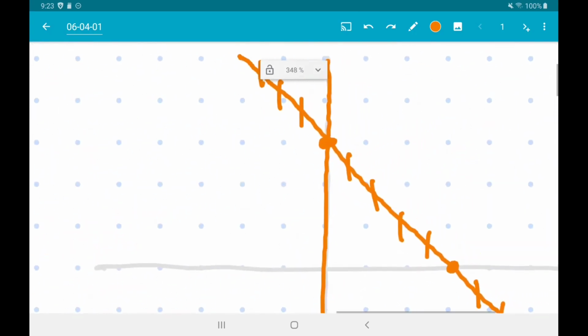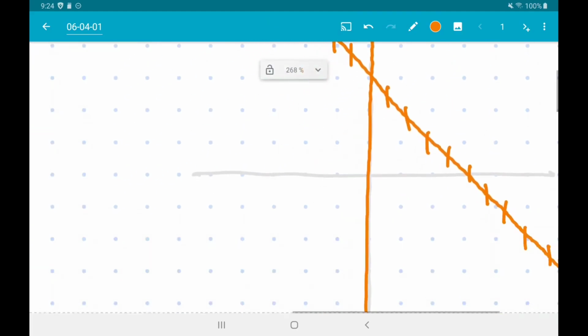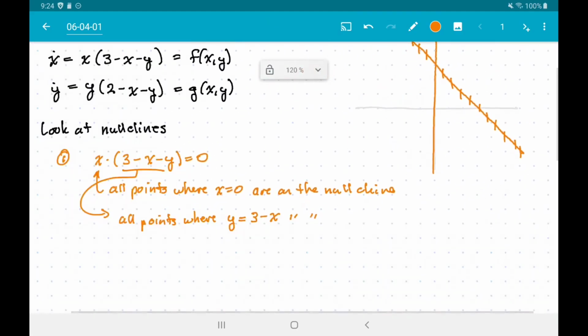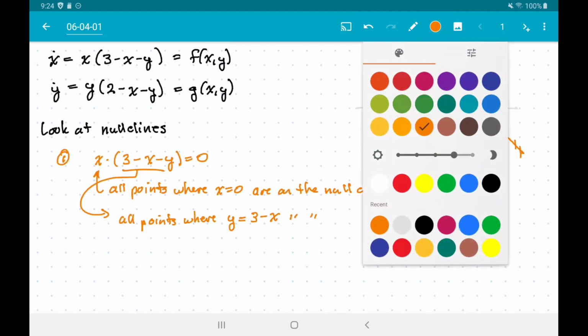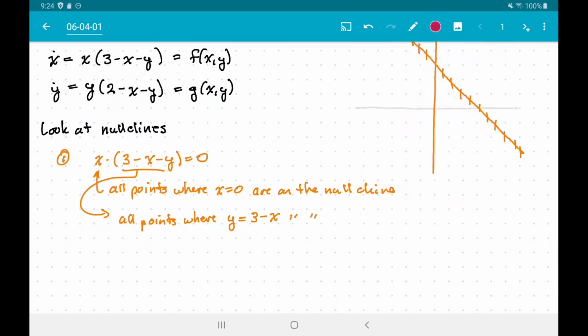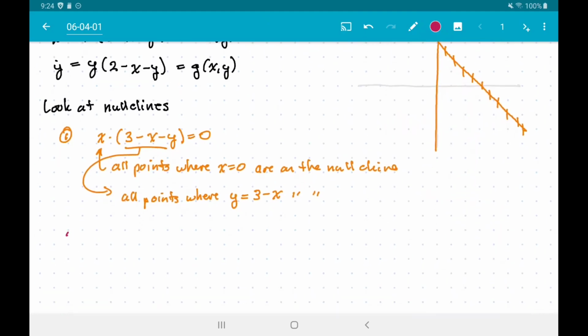And just to make this a little bit clearer, what I want to do is erase that dot. There we go. Okay. So that's one nullcline. Now let me get a different color.